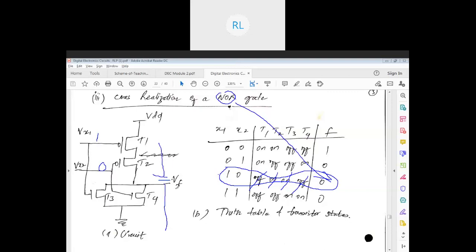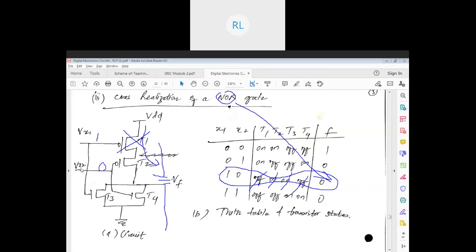Now for this combination, we should actually get the output 0. How is it happening? Now 1 is passed here, and you have VDD here, and say you have your capacitor connected across your output.